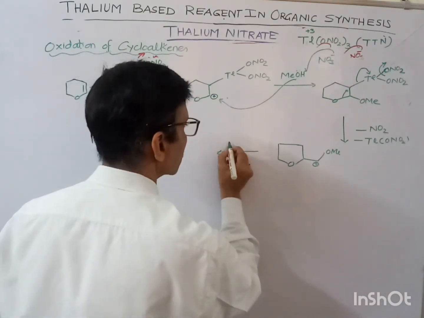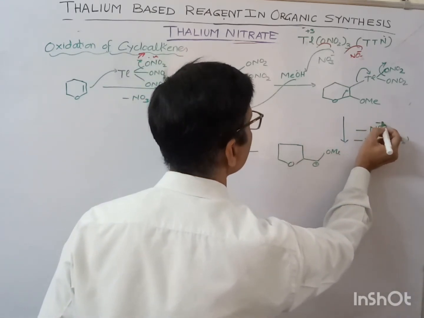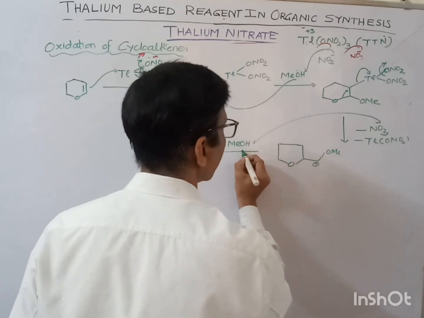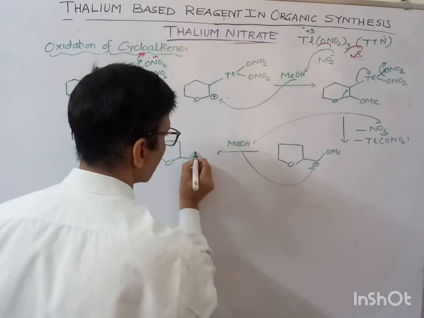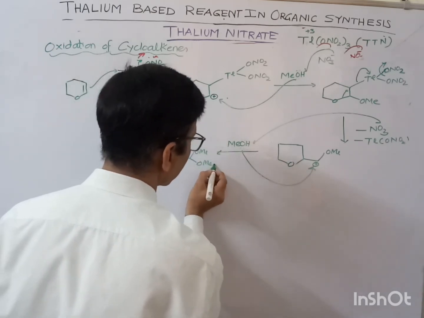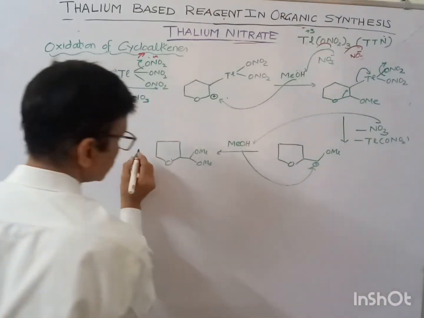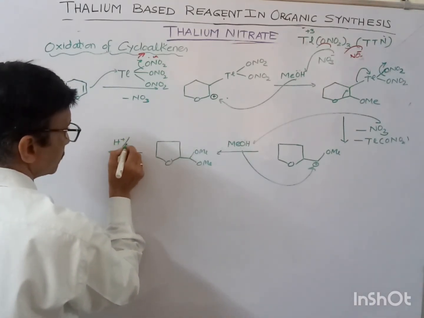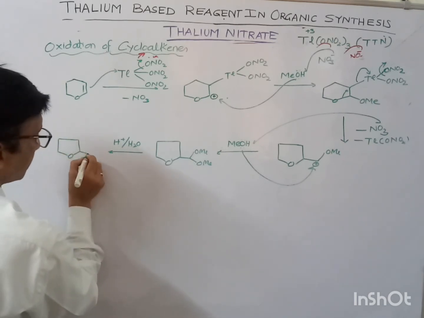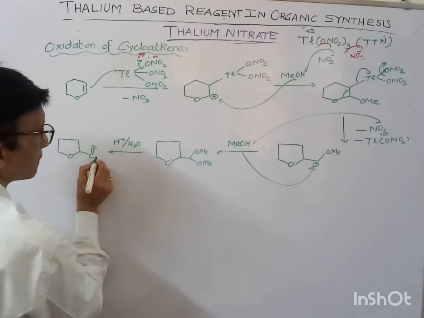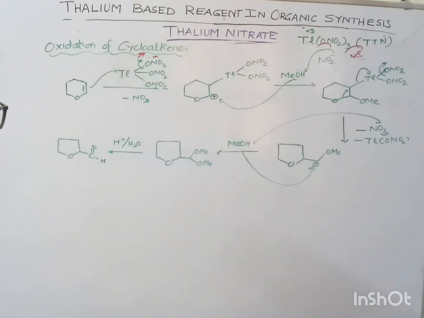Okay, now another methanol molecule. So this nitrate ion, NO3 minus, this will take this one and this will attack over here, and we will get the O and E. And now after this hydrolysis we will get the, so this would be the product.